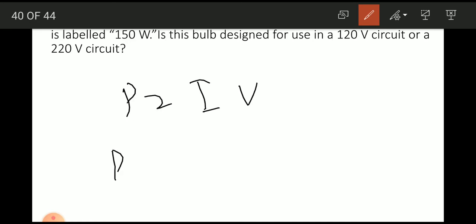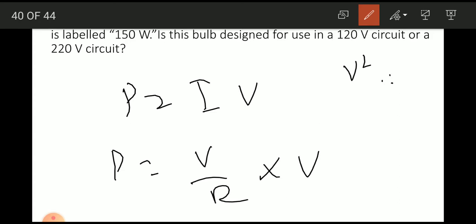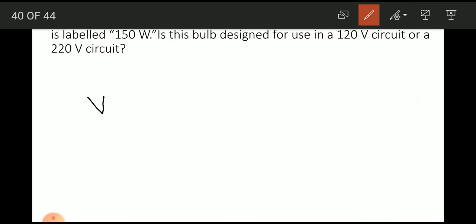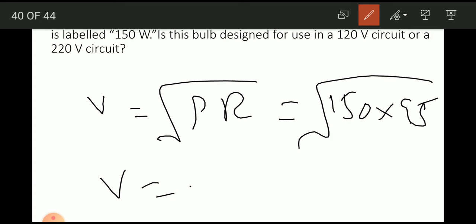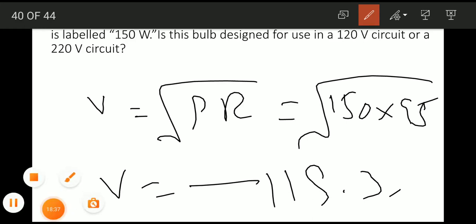I is equal to V divided by R, multiplied by V. V square is equal to PR. So V is equal to square root of PR. Power is how much? 150 multiplied by 95, taking square root. You will get the answer 119.3. So it is suitable for 120 volt.